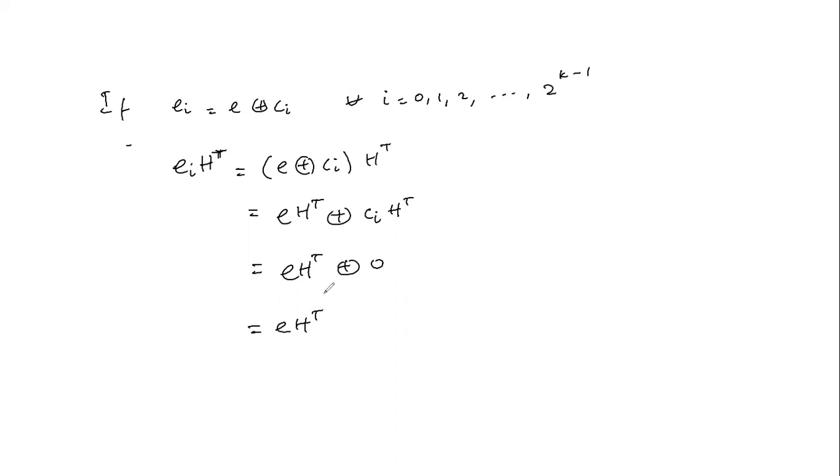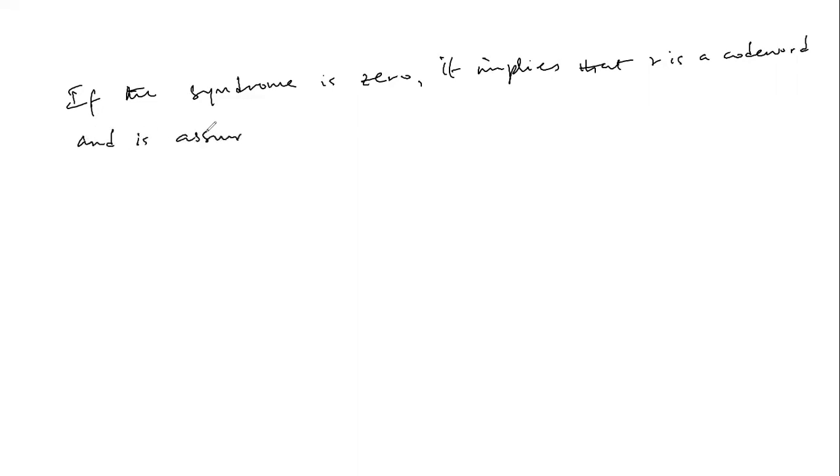So considering these two equations, related by this expression, S is called the syndrome of the received vector R. Now, if the syndrome is 0, it implies that R is a code word and is assumed to be the correct code word.